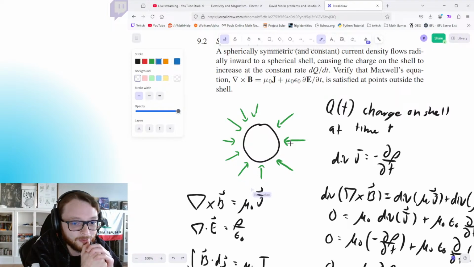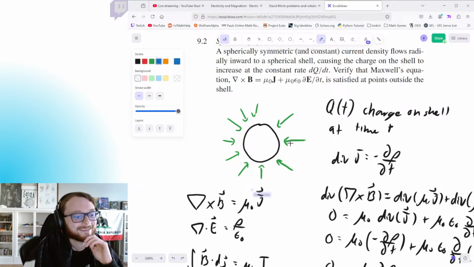But aren't the green arrows that I drew to represent the current going to produce a magnetic field? Every single one of them, I think of as a wire coming in from some point out at infinity, right? There's an infinite number of wires coming in from infinity towards our spherical shell.